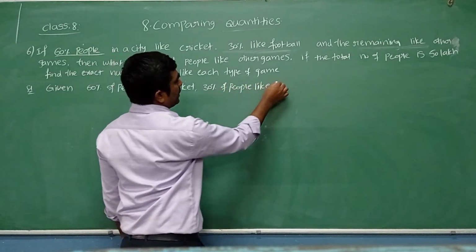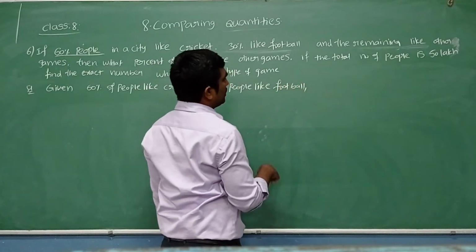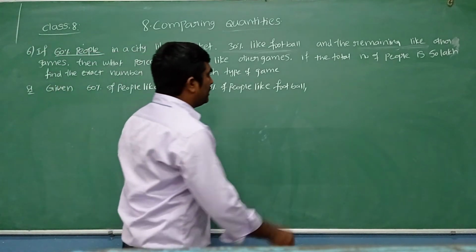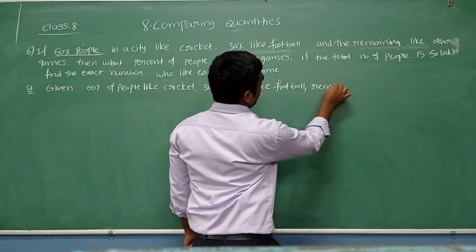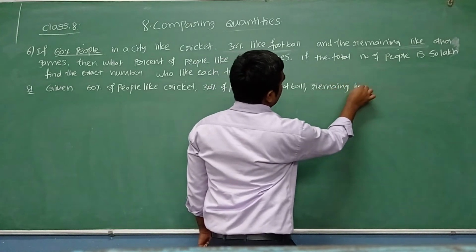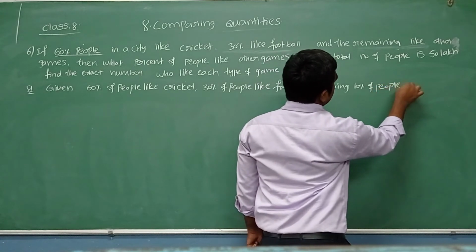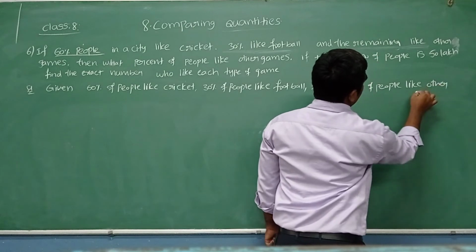What are they going to like? They are going to like football. Next, the remaining: 60 plus 30 is 90, 100 minus 90 is 10. So the remaining 10%. Let me write here, remaining 10% of people are going to like other games.